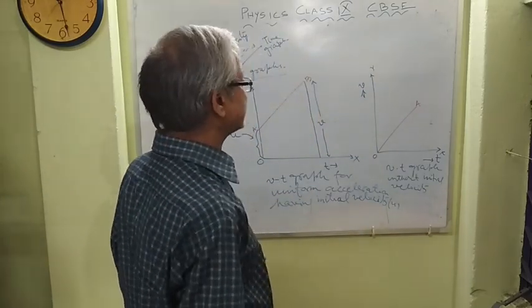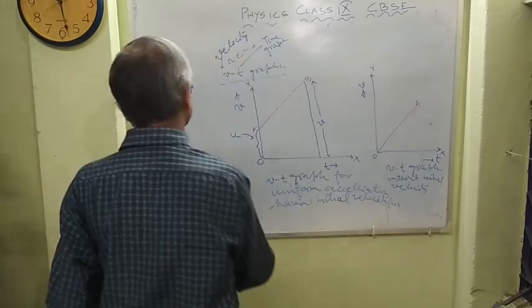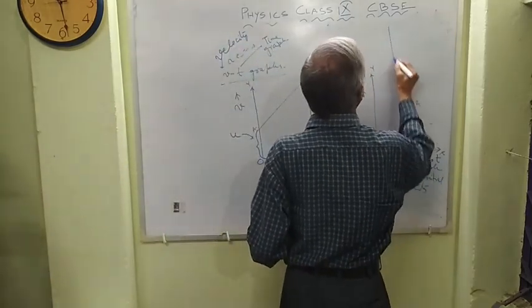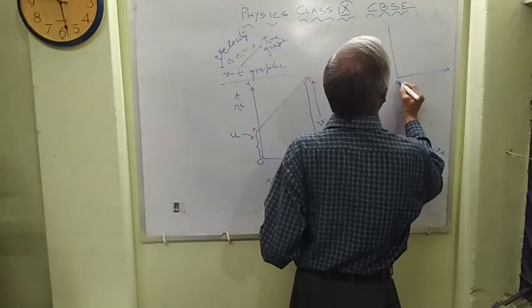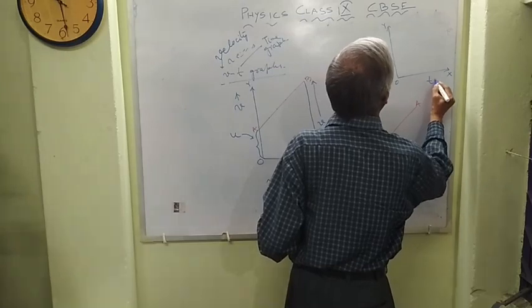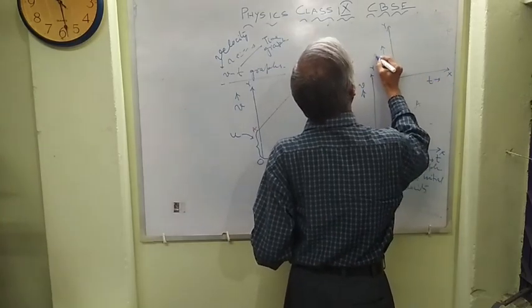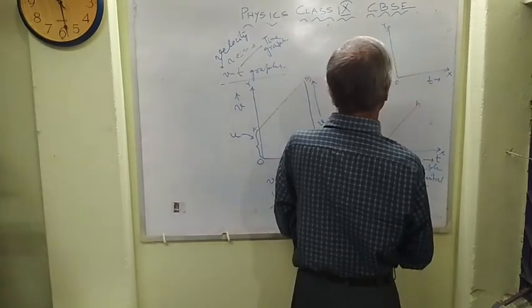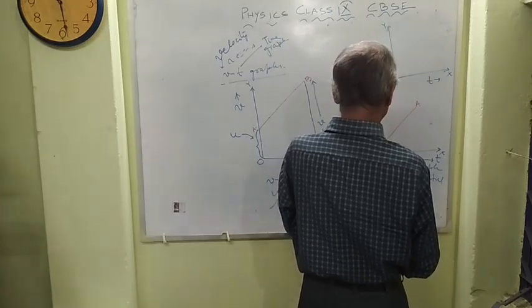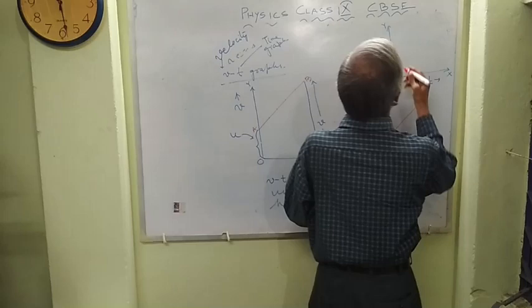And the zero acceleration graph will be this type. Here we write zero acceleration graph. O, x, y, time along x-axis and velocity along y-axis. Then the velocity does not change because acceleration is 0.